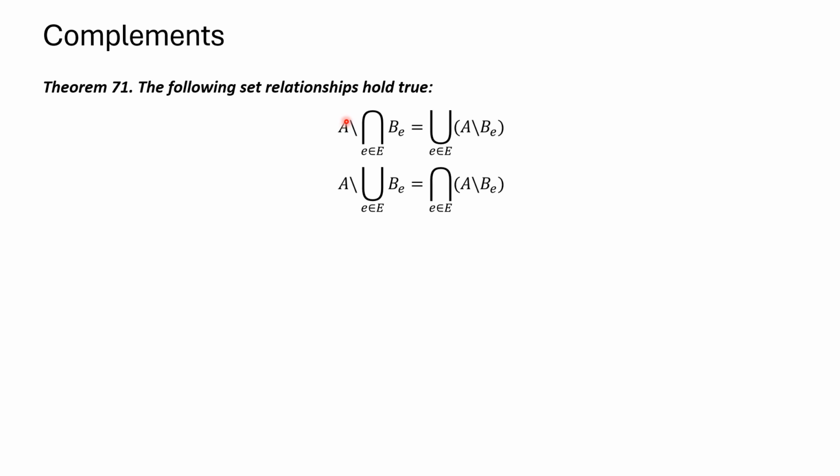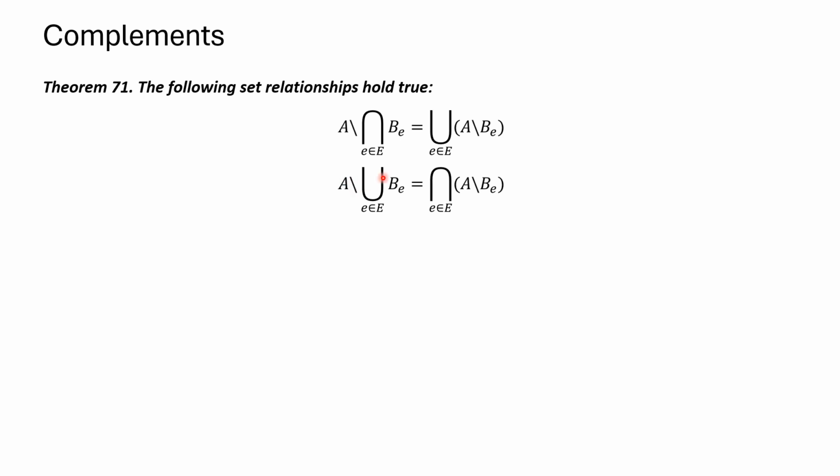If you take A minus the intersection of a collection of sets, B sub E, which could be an infinite number, then this is the same as the union of A minus B sub E. When you distribute A across the intersection, you get a union, and you have almost the same thing going the other way.